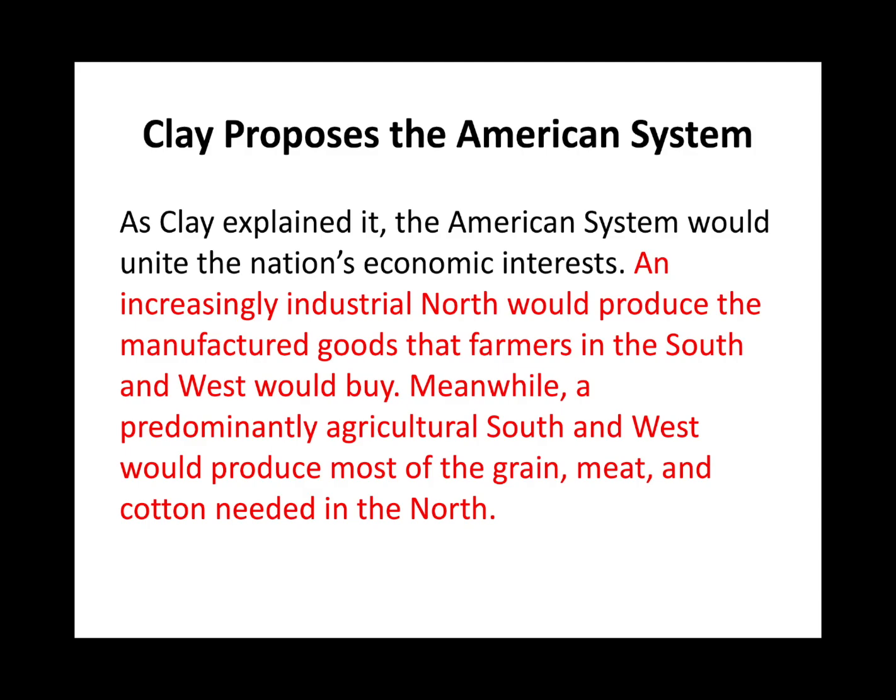An increasingly industrial North would produce the manufactured goods that farmers in the South and the West would buy. Meanwhile, the predominantly agricultural South and the West would produce most of the grain, meat, and cotton needed in the North.